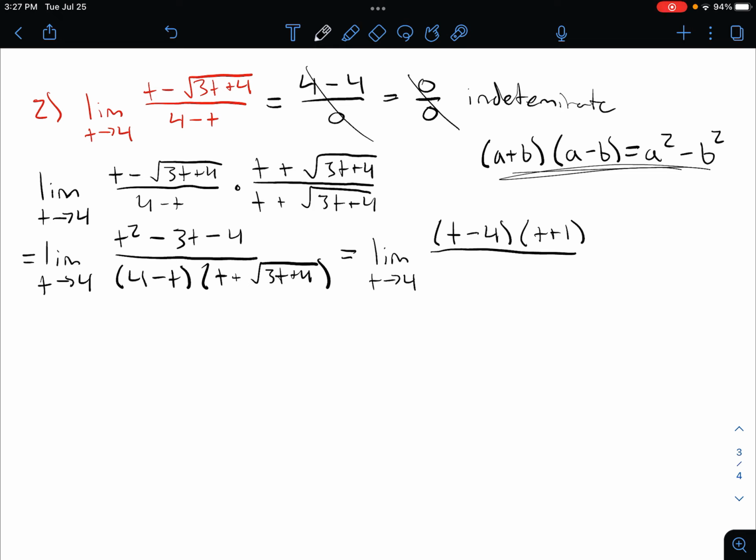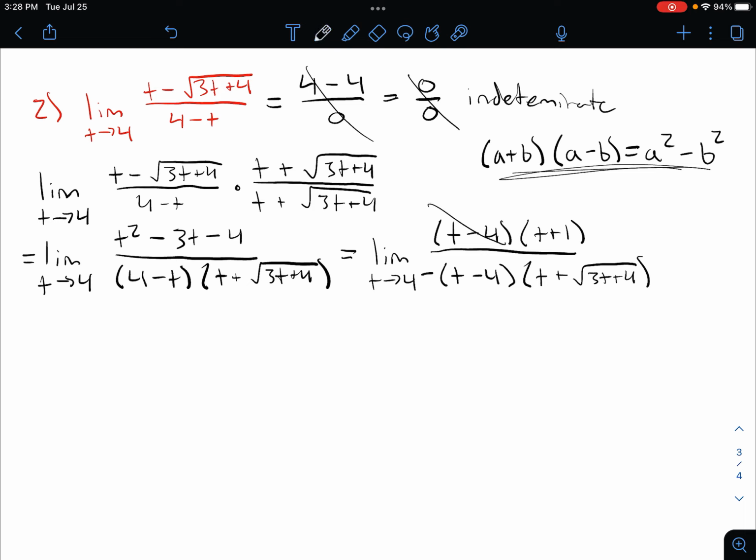And then now, when we copy this denominator over, you're going to notice that t minus 4 and 4 minus t look a whole lot alike. And in fact, when we pull out a negative sign, they're going to be the same. So I'm going to put a negative here, and then switch to t minus 4.